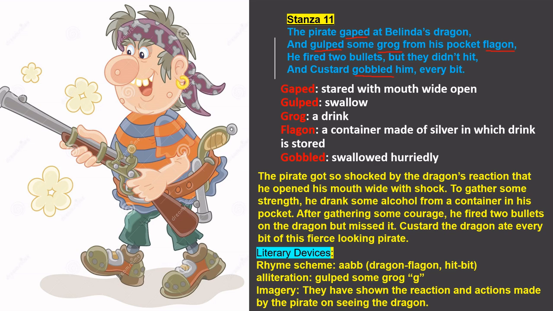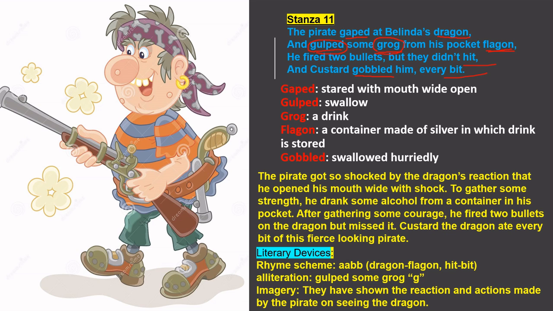Now the literary devices used here are a rhyme scheme A, B, B. As you can see here, dragon, flagon, hit, bit. Then you have alliteration, gulped some grog. You see the G sound is repeated here in grog and in gulped.